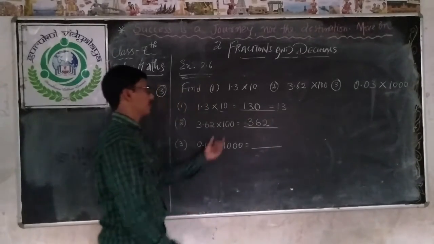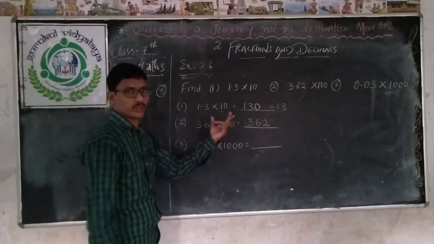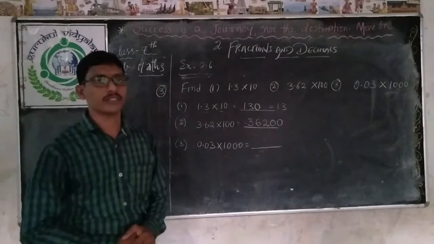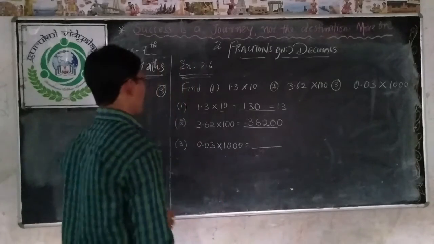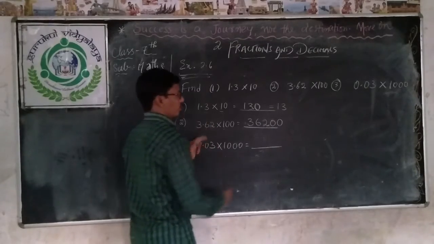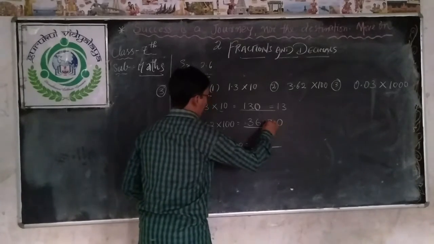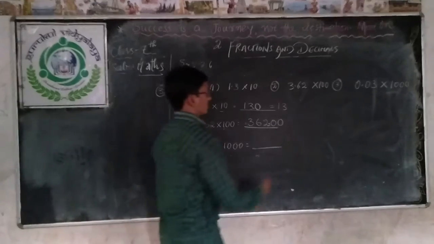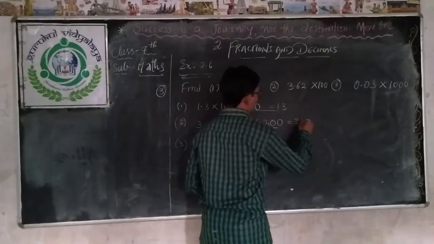Now say the zeros, how many zeros are there? In hundreds, 2 zeros. Now here we have to keep the decimal point. See, 2 digits after the point are there, so in the answer also you write 2 digits after the point. So that means 362.00, which is nothing but 362.